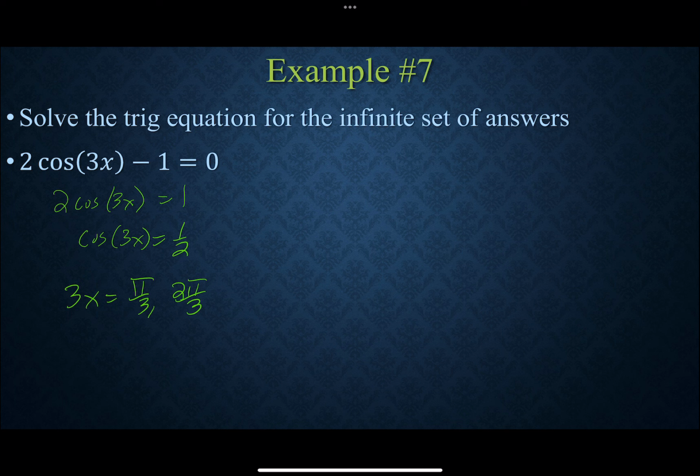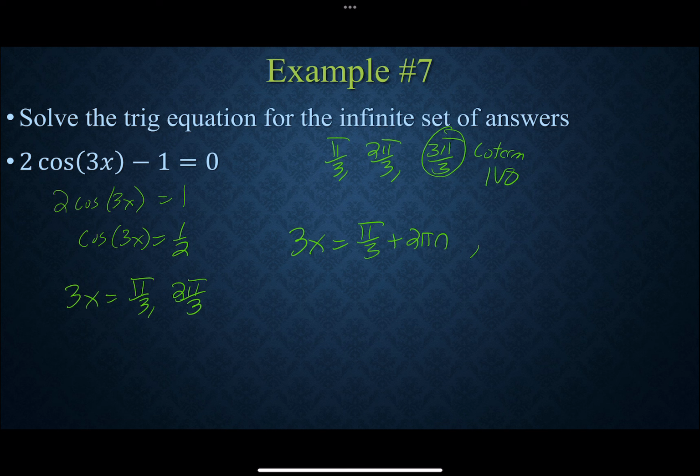Now, we do need to divide by 3 to solve for x, but we're not going to do it yet. We divide by 3 once we set up our infinite set answer. So we check to see pi over 3 and 2 pi over 3. Next up would be 3 pi over 3. Is that coterminal back to the first? No, it is not. So we would say 3x equals pi over 3 plus 2 pi n.